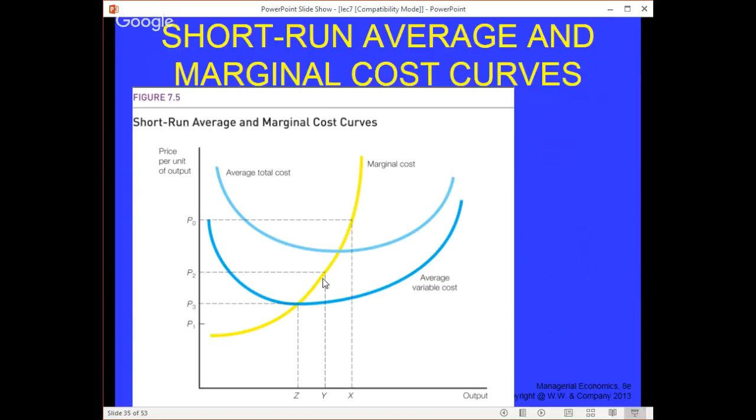And here at P0, I'm actually making an economic profit, so there's no problem. I continue to operate. At P2, I will eventually shut down, but in the short run, I'll continue because I'm covering my variable costs. At P3, I'm indifferent, and at P1, I definitely shut down. Okay.